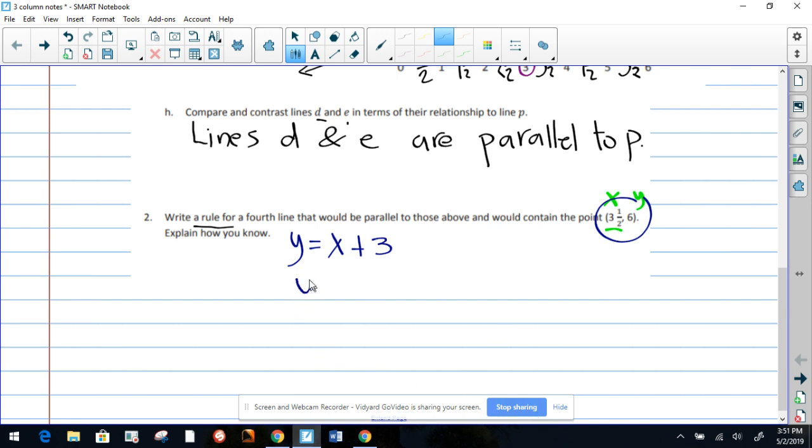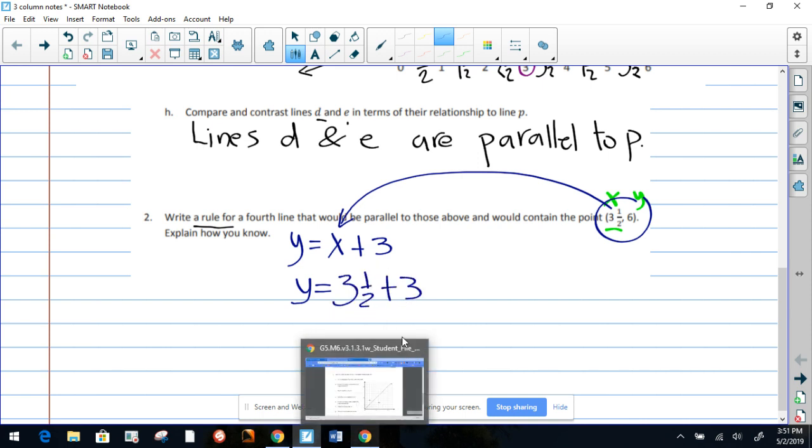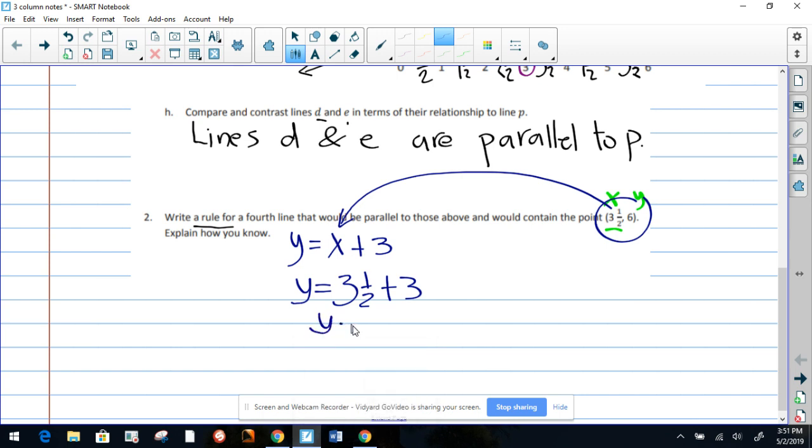So if I use that one, I know that X is 3.5. So it's going to be 3.5 plus the 3. So now we know that Y equals 3 plus 3 equals 6.5. And this number has to match this number, which is not correct.